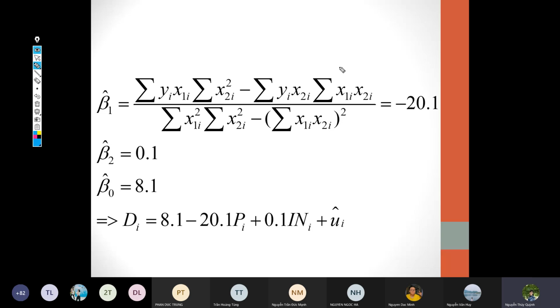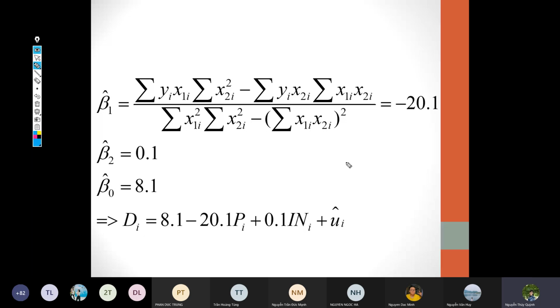That's why we have the point estimate for our unknown parameters, and we still have to evaluate the precision of those point estimates.